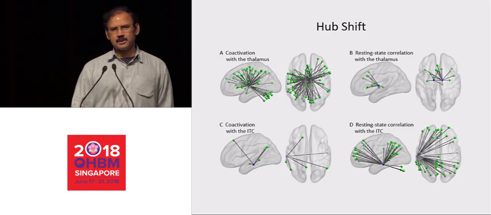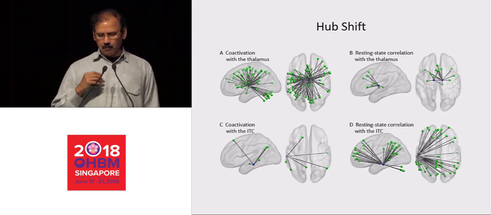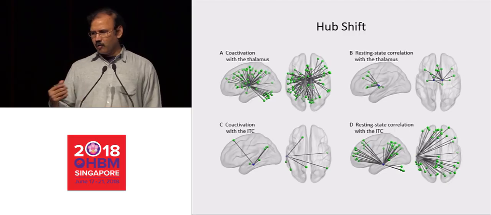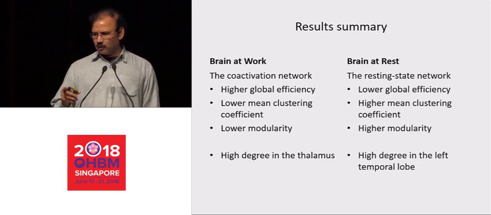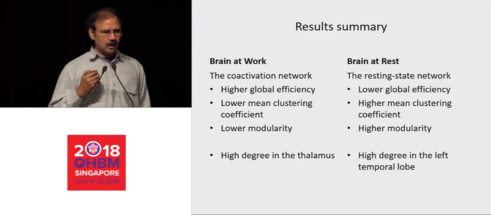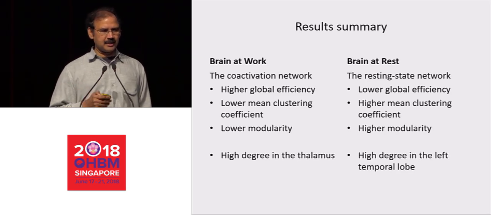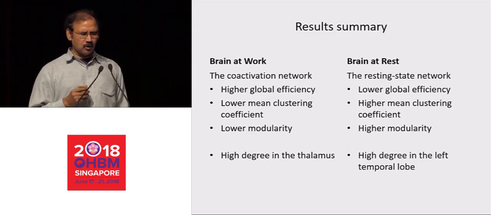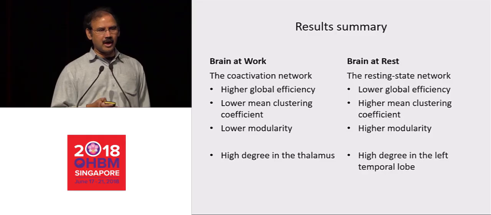Further, there are specific regions like the thalamus, which are more activated in task, while the inferior temporal lobe is more activated during resting state. During task, we have higher global efficiency, lower mean clustering coefficient, and lower modularity. For resting state, we have lower global efficiency, higher mean clustering coefficient, and higher modularity.